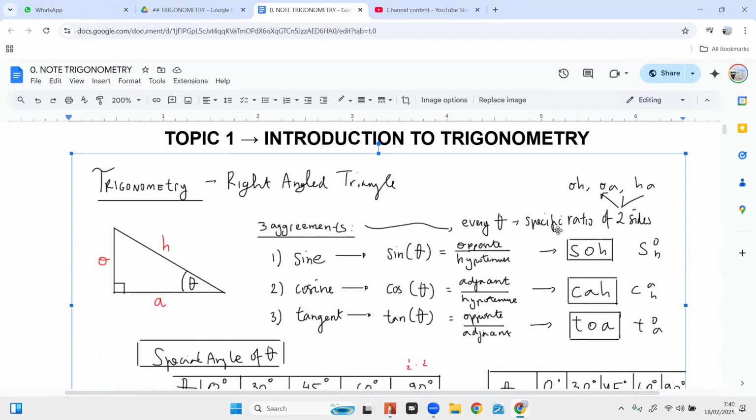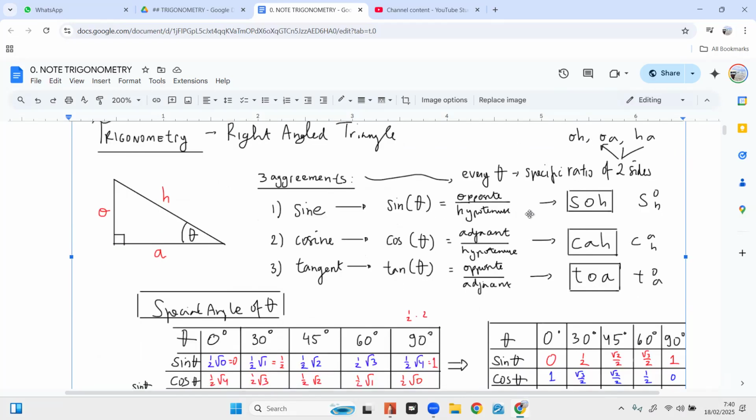Every theta has a specific ratio of two sides, and we have three agreements, which are sine, cosine, and tangent, simply put sine, cos, tan. The theta is always opposite over hypotenuse, opposite over adjacent, and the memorization is SOH CAH TOA. You can rearrange SOH CAH TOA. Now we go for the special angle.